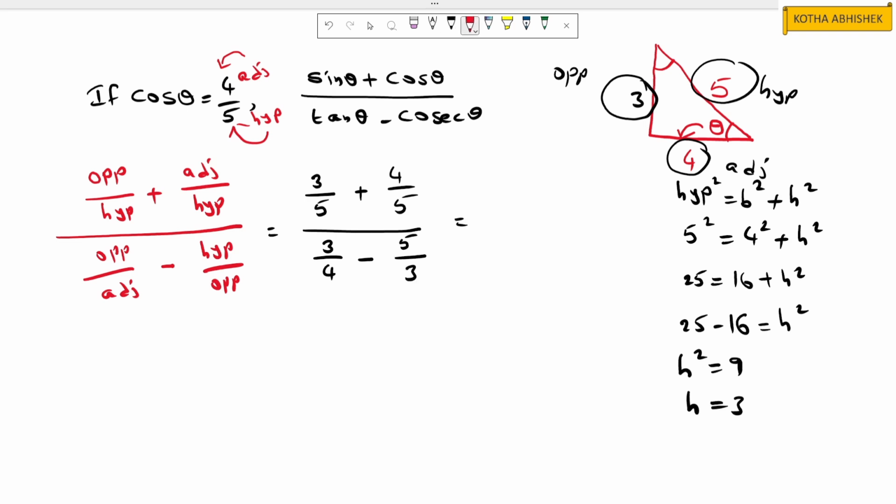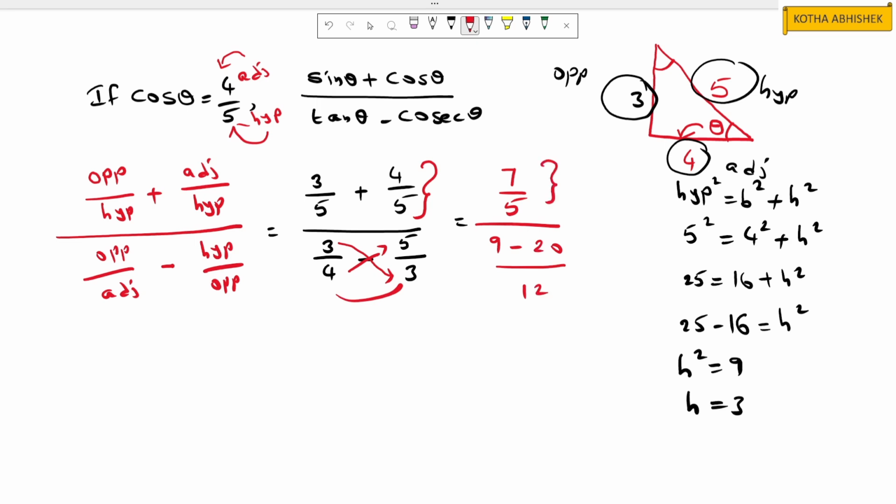Now if we observe this entire numerical part clearly, both the denominators are same, right? So simply add the numerators. 3 plus 4, 7 divided by 5, whole divided by, here both the denominators are different, so I am going with the cross multiplication. 3 times 3, 9, minus 4 times 5, 20, whole divided by 4 times 3, 12.